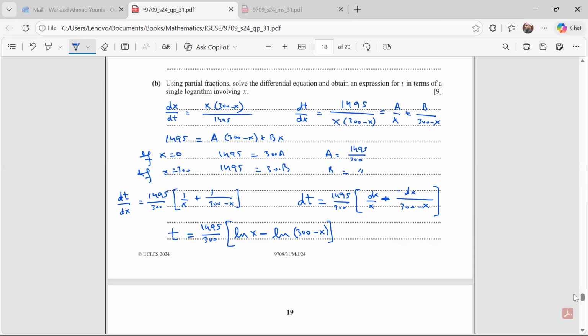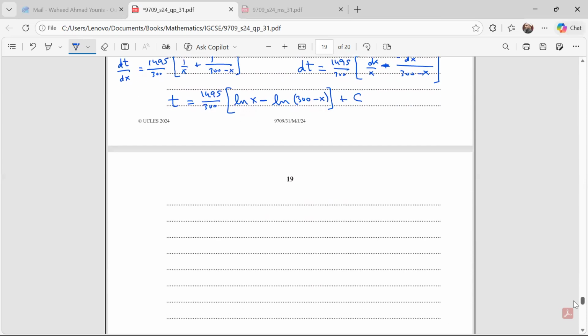Since it is an indefinite integral, I will have a constant of integration as well. So let's simplify this whole thing. It is going to be t equals 1495 over 300 log of x over 300 minus x plus a constant of integration.